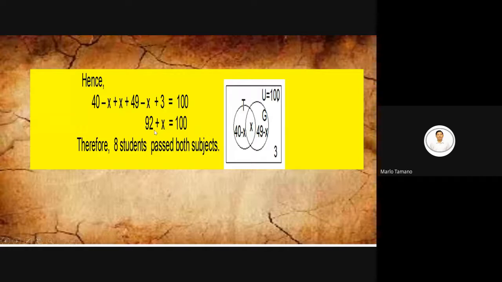Since it is negative, we change it to positive, then x is equal to 8. So the number of students who pass the two subjects, trigonometry and geometry, is 8.